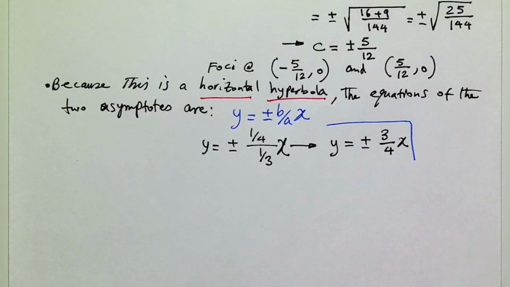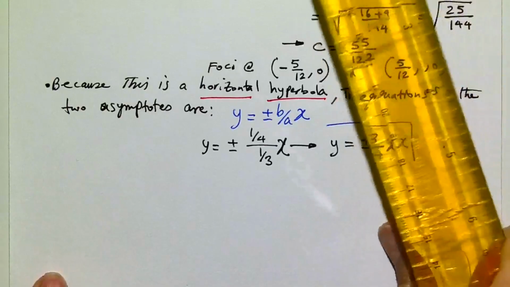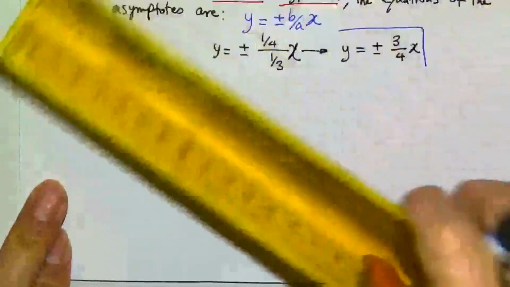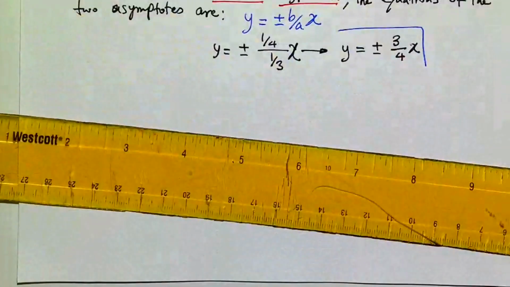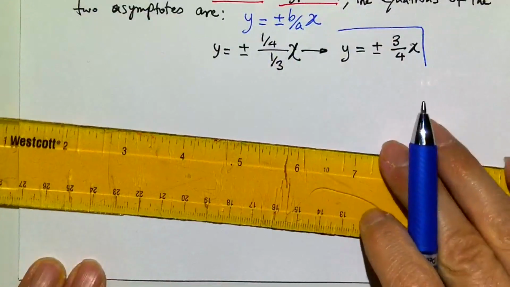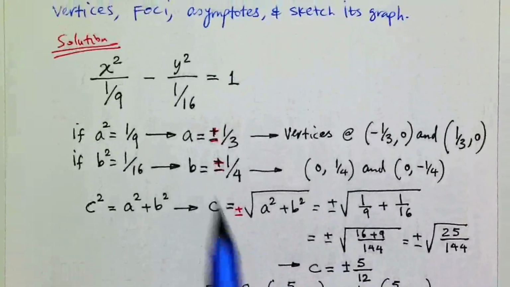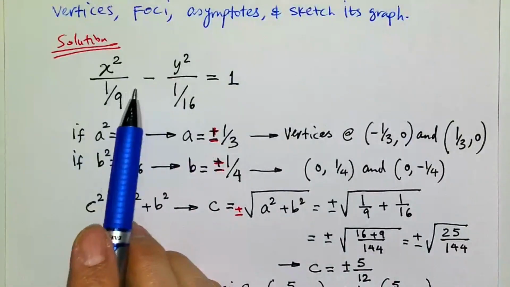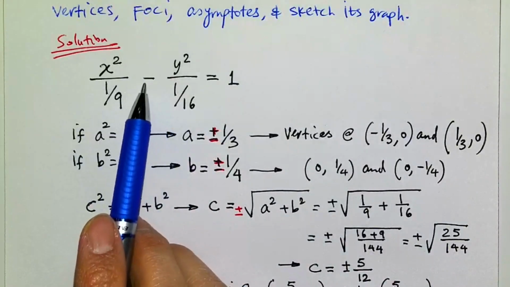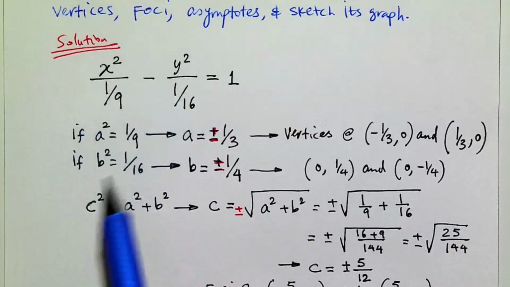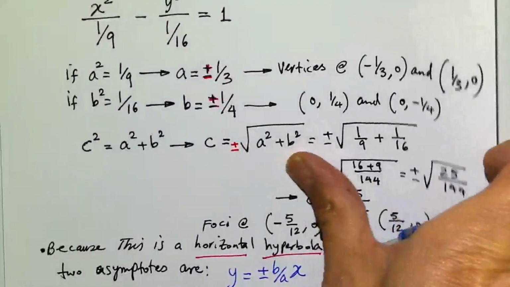So now the only thing left for us to do is just draw this hyperbola. The equation tells us the center of this hyperbola is at the origin, right? It is centered at the origin, so that simplifies things.